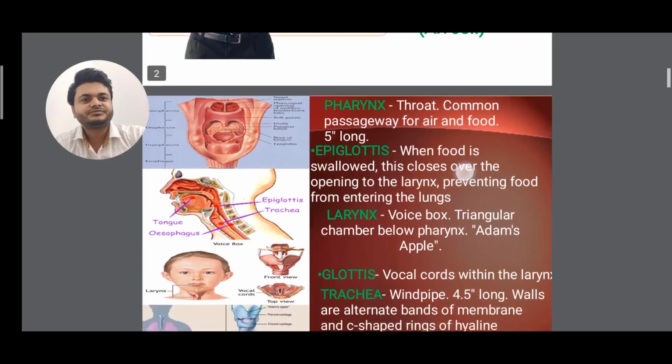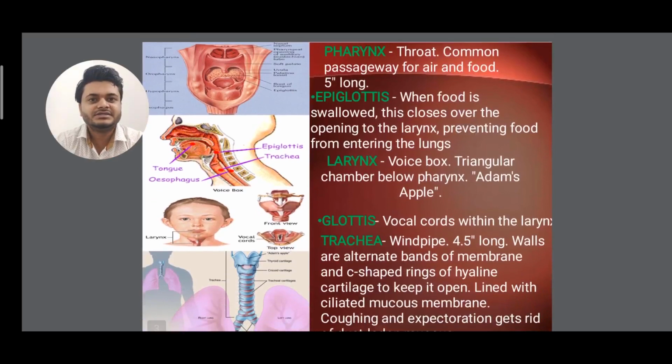See. Now see, what is a pharynx? First I'll describe the parts of the human respiratory system. See, pharynx, left hand side diagram is given. What is a pharynx? See, it is a throat. Clear? Common passageway of air and food. It is a common passage for air and food, and it is 5 centimeter in long.